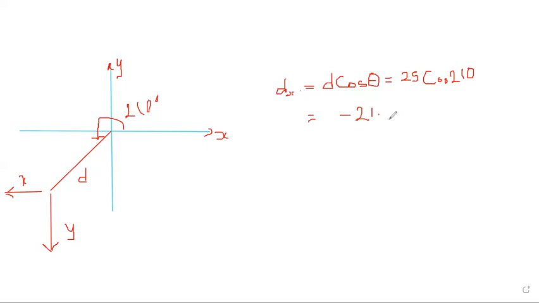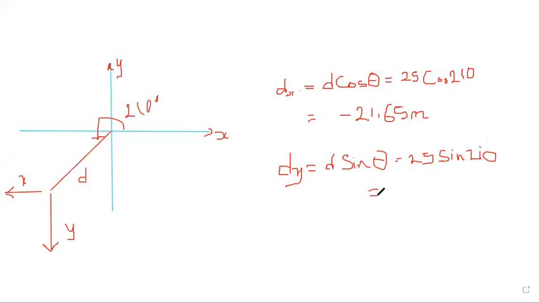So my calculator was giving me 21.65 in meters. Then the component of D in the y-axis is going to be D sine theta, which is going to be 25 sine the very angle, which is 210.